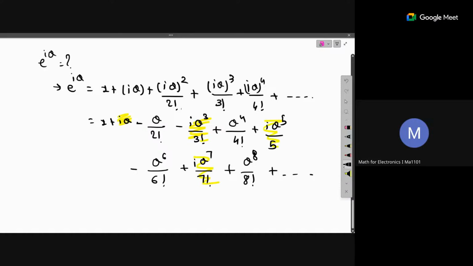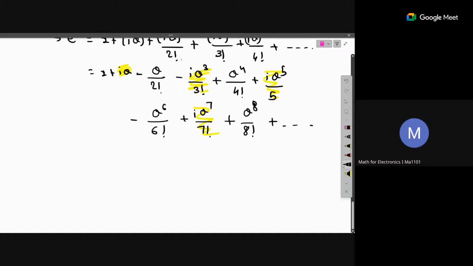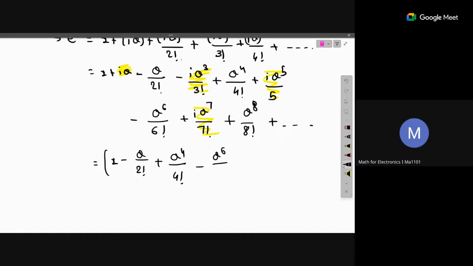Let's write it down. If we collect all the terms without iota, we get 1 minus theta square by 2 factorial plus theta to the power 4 by 4 factorial minus theta to the power 6 by 6 factorial plus and so on.